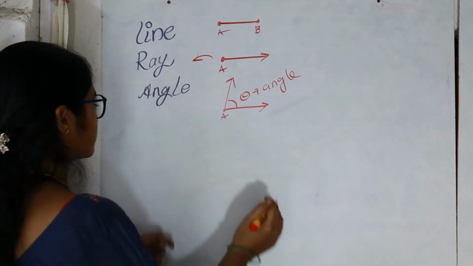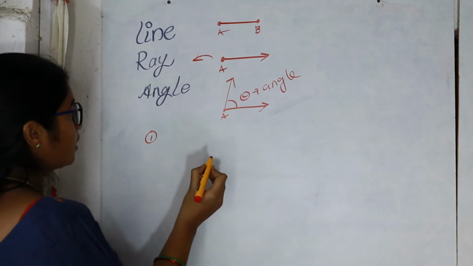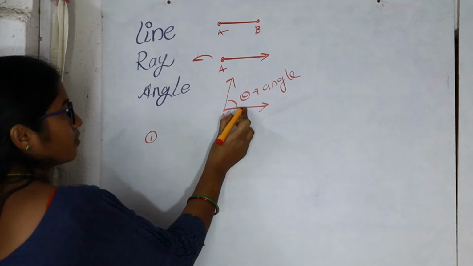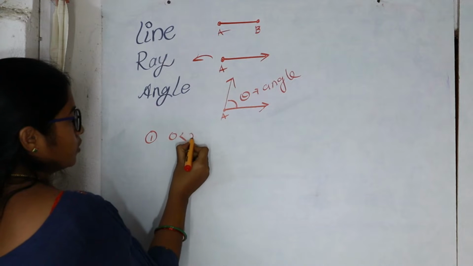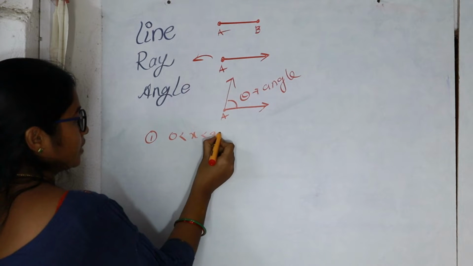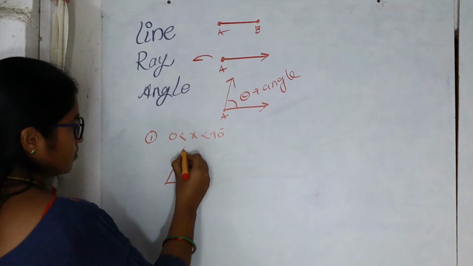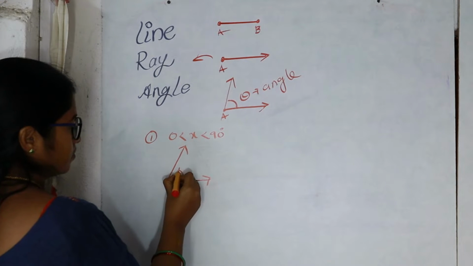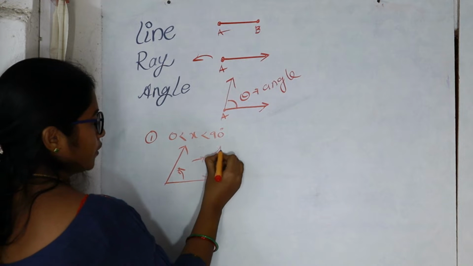First, if the angle between the two rays is between 0 and 90 degrees, it is like this. It is an acute angle.